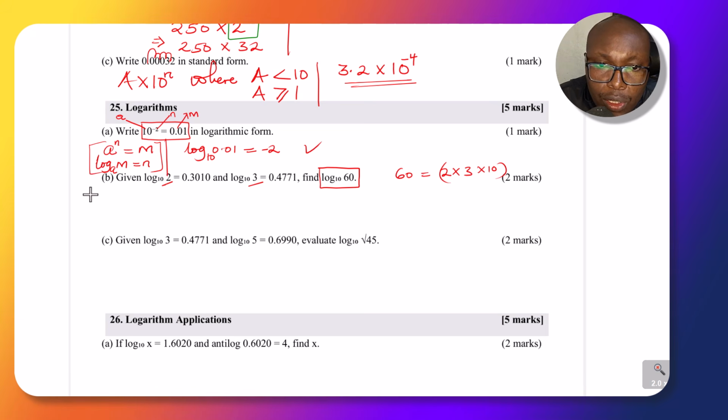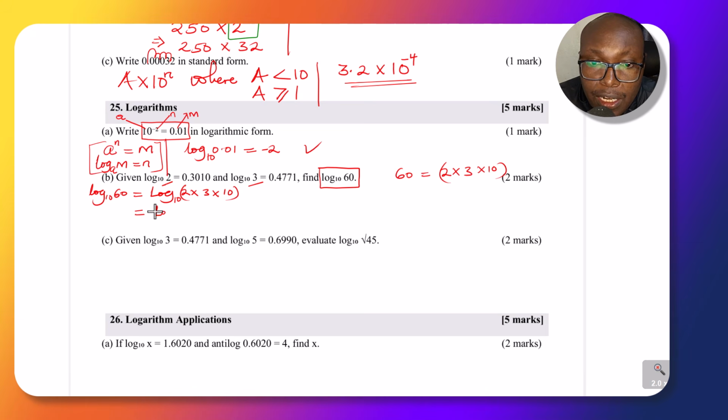So therefore, logarithm of 60 can be written as logarithm of 2 times 3 times 10, everything to the base of 10. And now from here you can split using the laws of logarithms, which you need to understand.